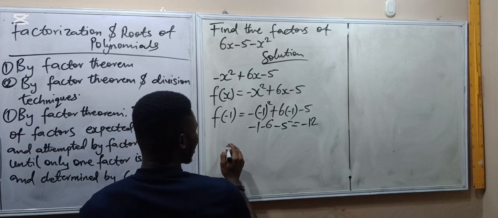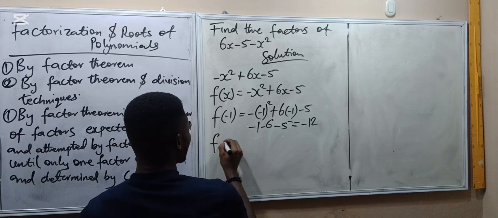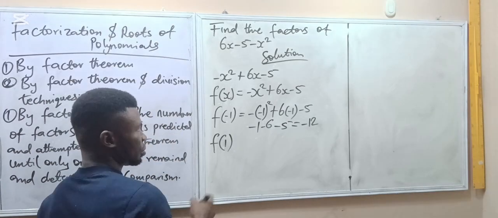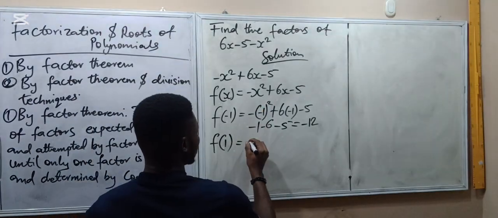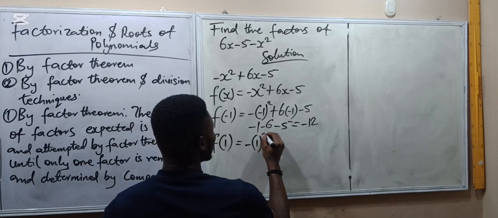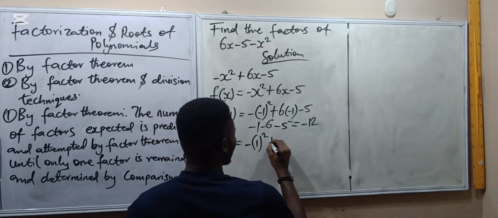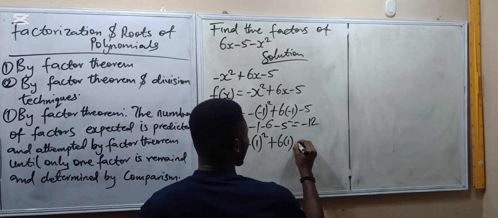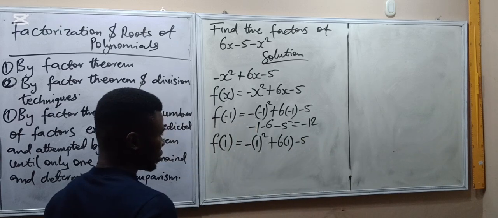Now, let's look at plus 1. Let's substitute plus 1. F of 1 will give us minus 1 squared, then plus 6 into 1, and then minus 5.